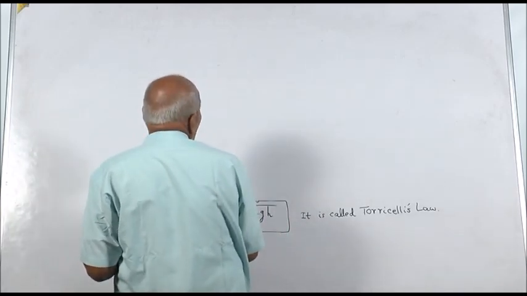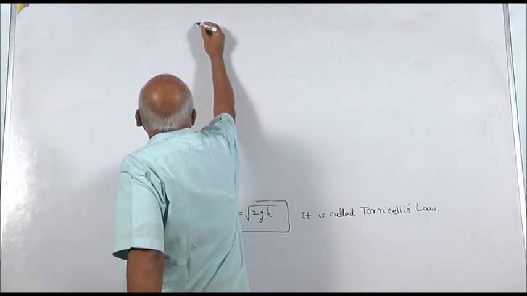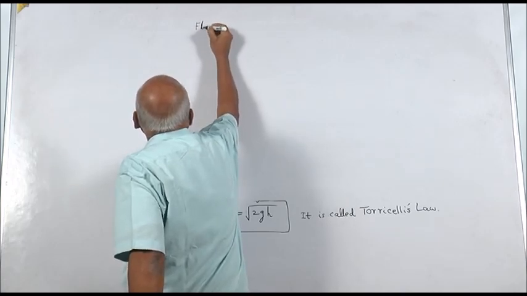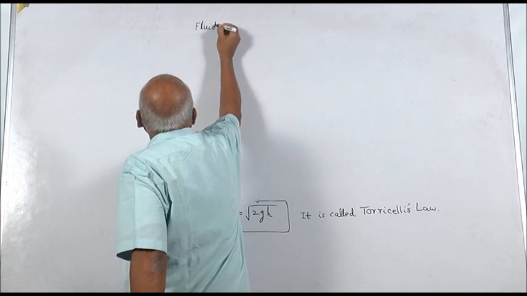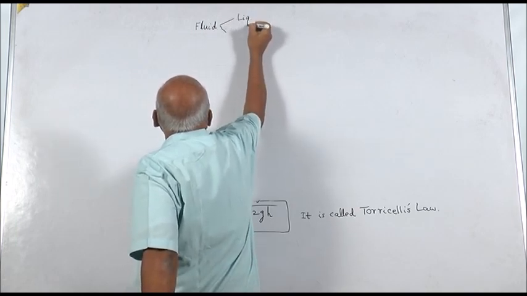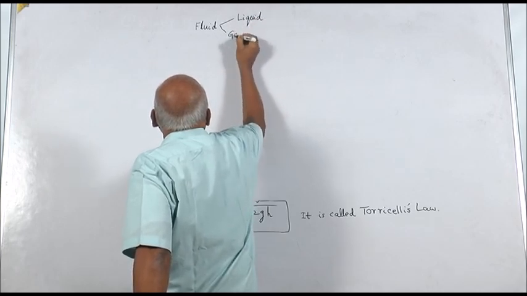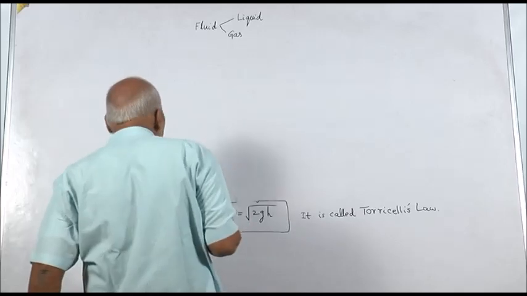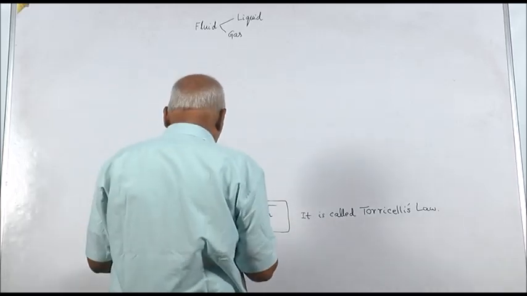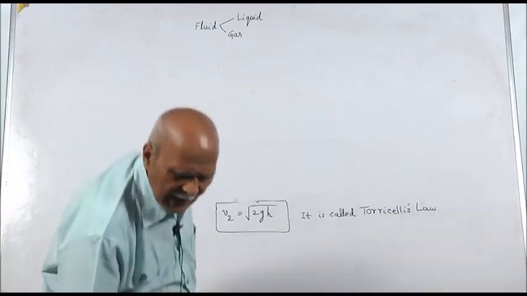Of course, gas is compressed, but liquid is not easy to compress. So, fluids are of two types, one is liquid, another is gas. We mainly deal with liquids in this chapter, which is also applicable for gases.